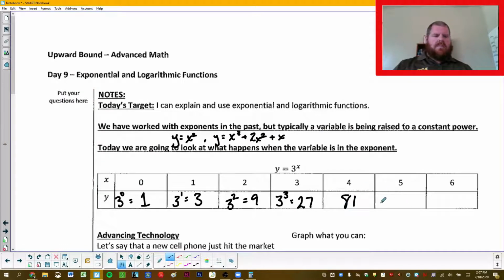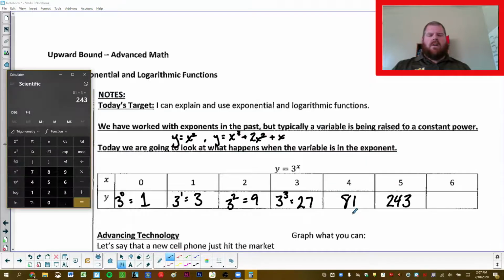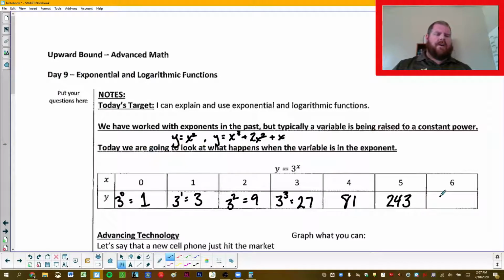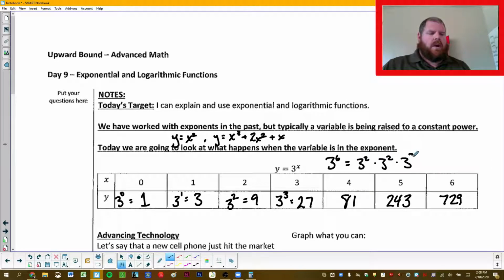So we see something really interesting in that we get very large numbers very quickly with exponential functions. And it makes sense because by the time I'm looking at 3 to the 6th power, that's like 3 squared times 3 squared times 3 squared.